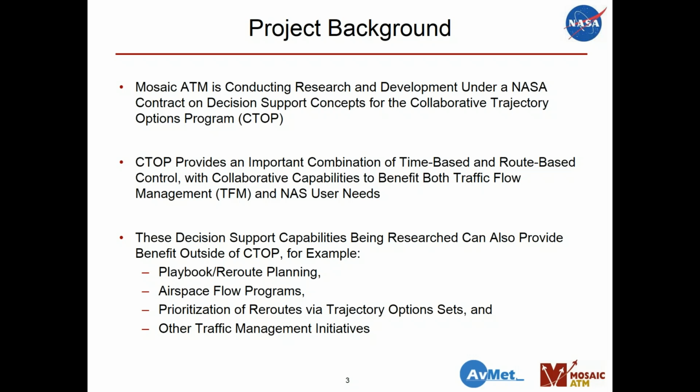Some of those examples include looking at more generally congestion situations and weather situations that may require playbook and reroute planning, and airspace flow programs, and how the FCAs and reroutes may evolve for those programs. And then as well, some of the non-CTOP potential uses of trajectory option sets in other traffic management initiatives.